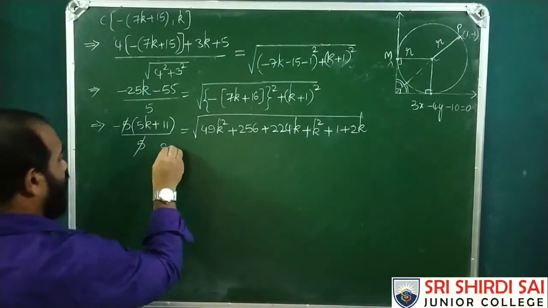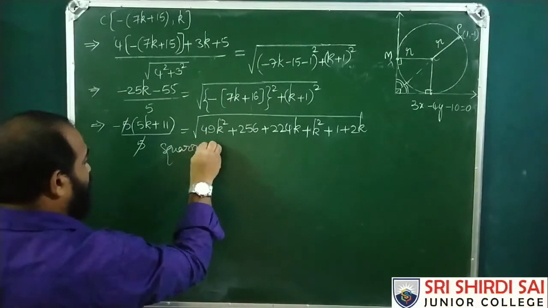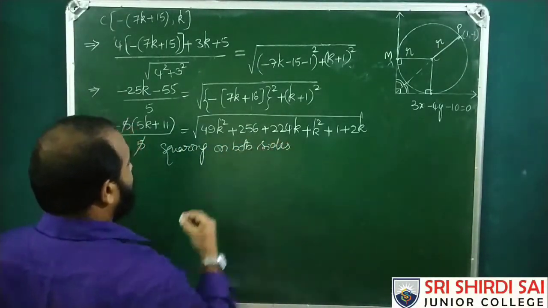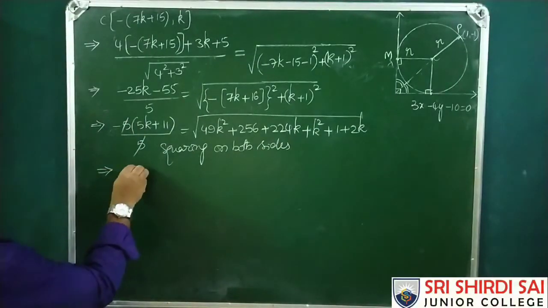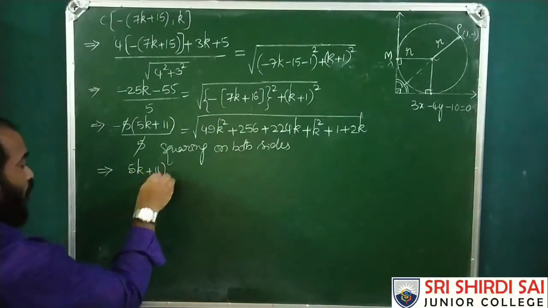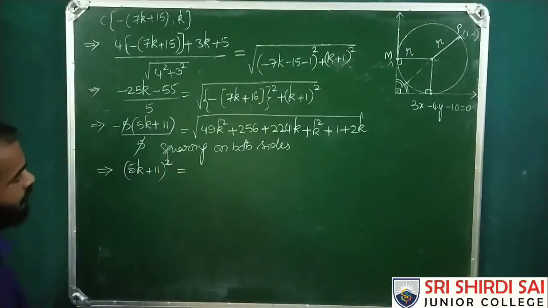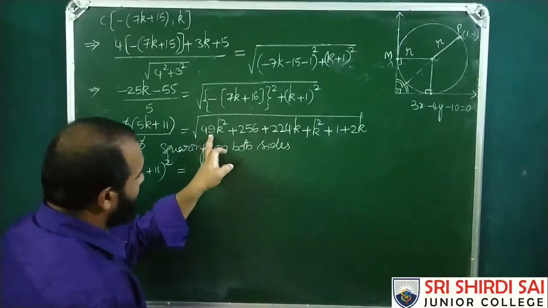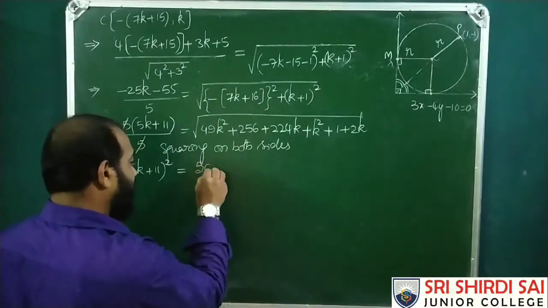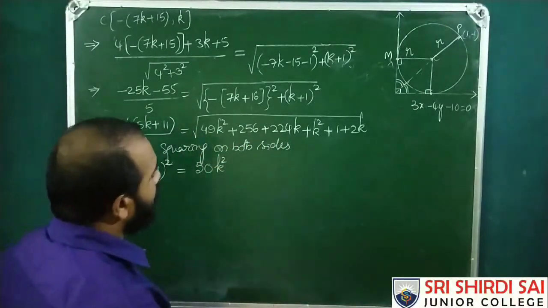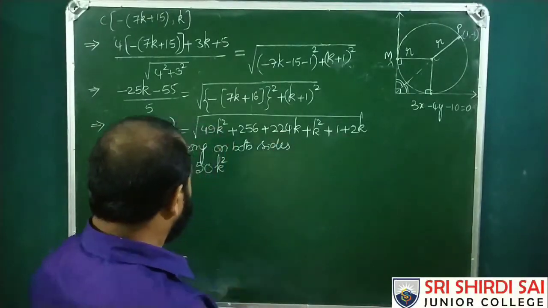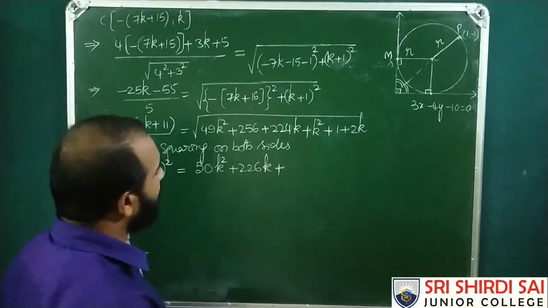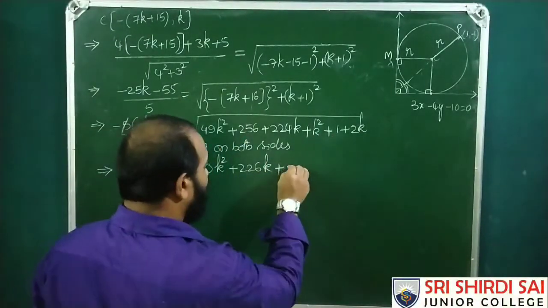So squaring on both sides, then 5k plus 11 whole square is equal to, so square and root gets cancelled, 49 plus 49k square plus k square 50k square, 224 plus 2 226k plus 256 plus 1 257.